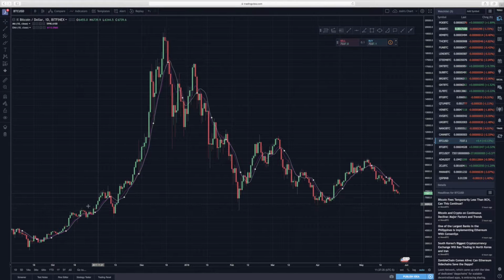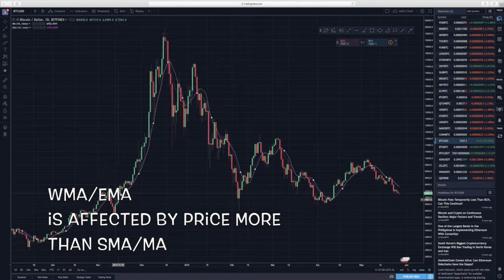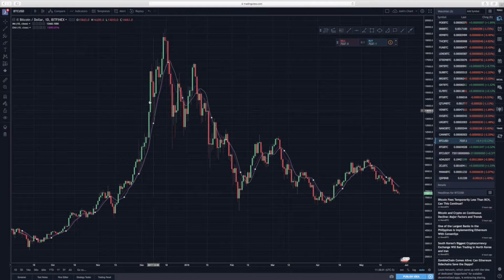Since we're on this uptrend and the weighted moving average takes into account the more recent candles, you can see that the price affects the weighted moving average more. The simple moving average lags. So the weighted moving average, the price affects it a lot more. It makes it change a little bit more.